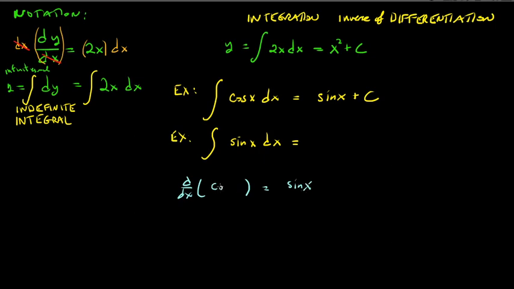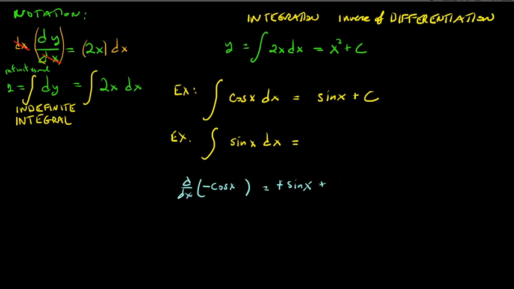Well, if you take cosine of x, the derivative of cosine is minus sine. But we don't want a minus sign, we want the integral of positive sine. So to get this to be a positive sign, you have to take the derivative of negative cosine, right? So that'll be a plus sine of x, right?